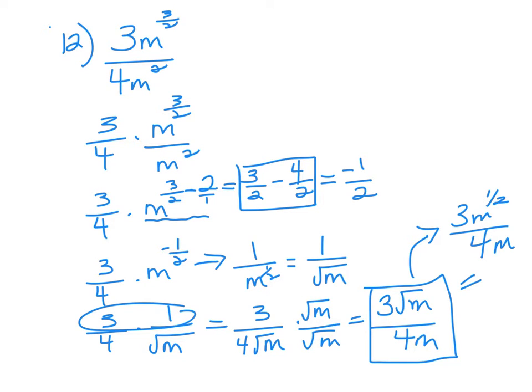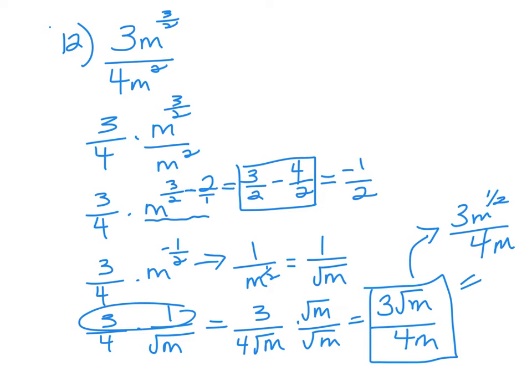So two ways to write the same answer. This answer right here is removing the fraction that's the exponent, and also there isn't a radical in the denominator for either of these two answers, so that's great as well.